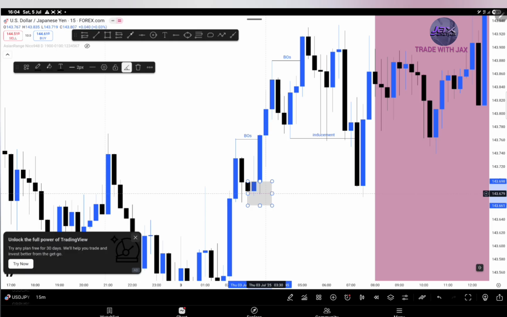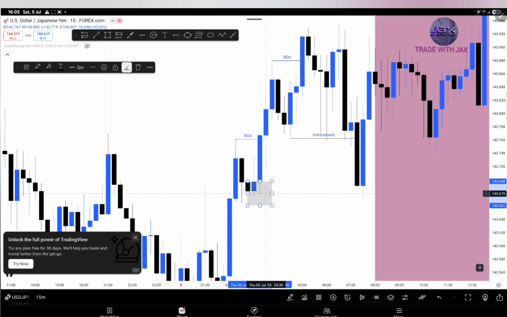There are actually rules in picking POIs, these continuation POIs. Let me go over some of the rules of picking your entries. First of all, your POI, your entry, your other block needs to trigger a break of structure or a market structure shift.